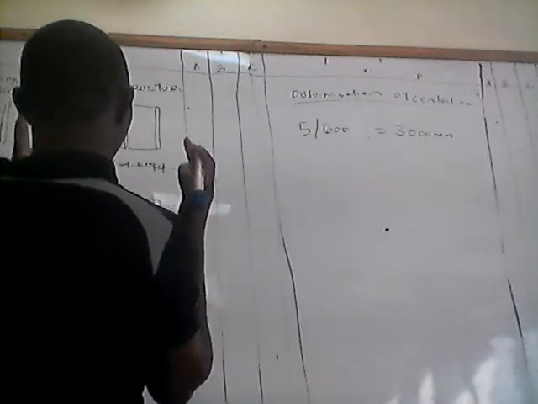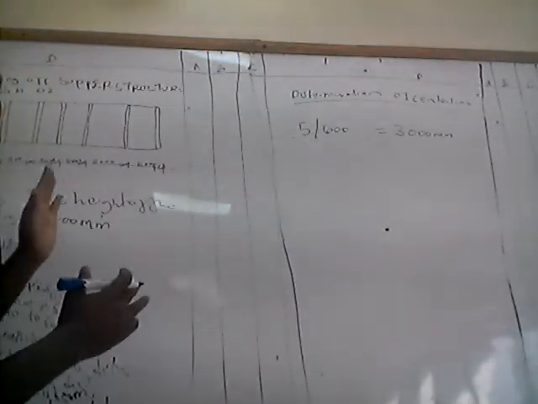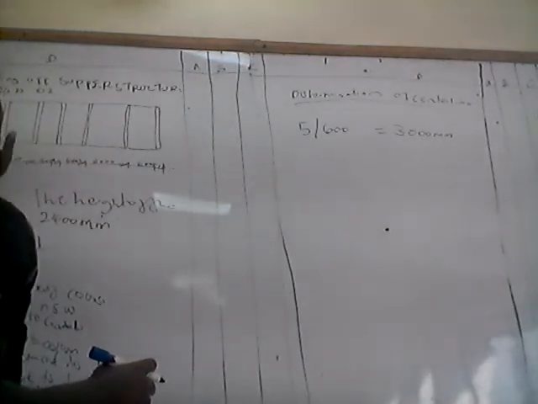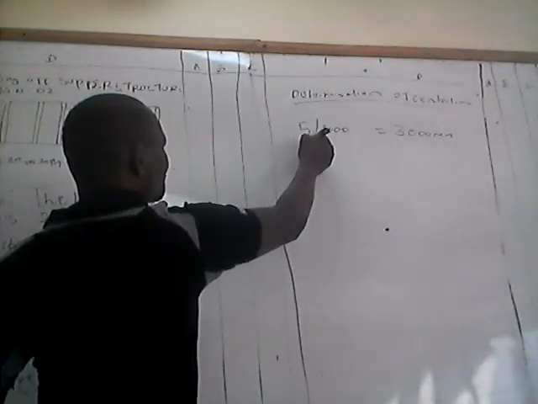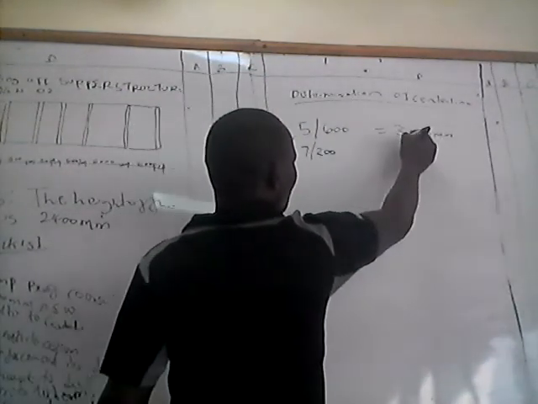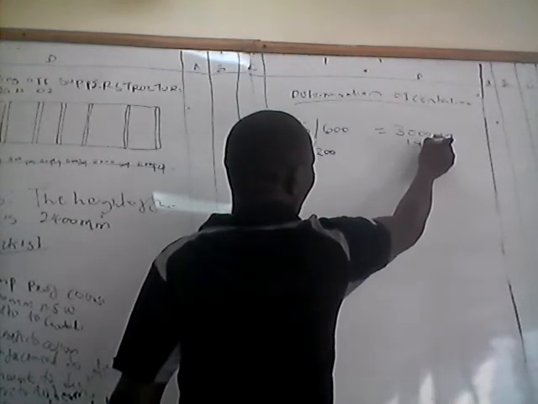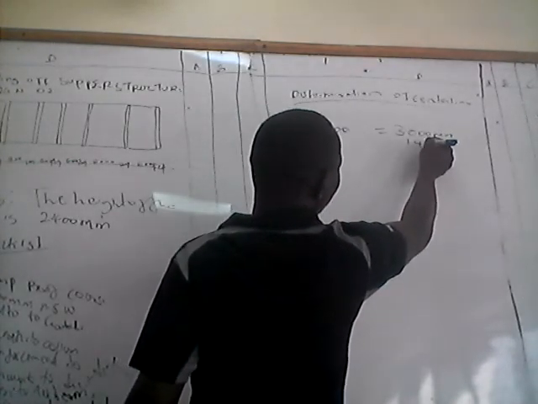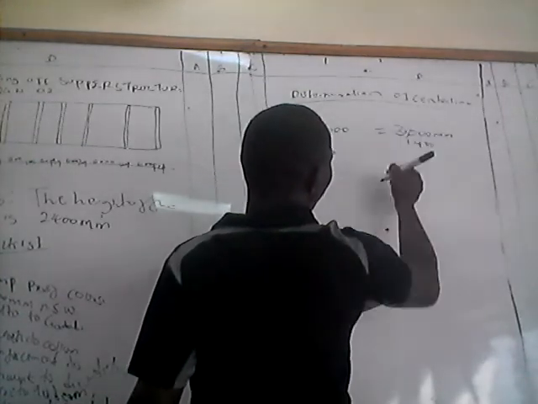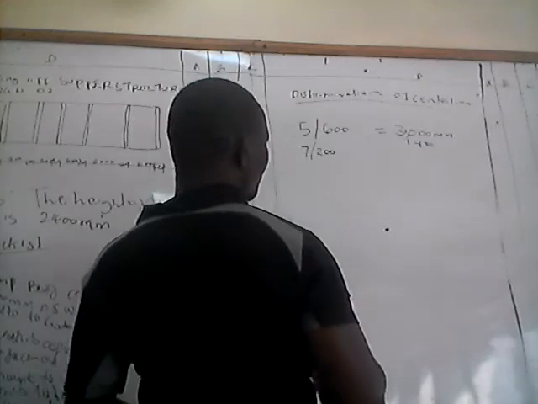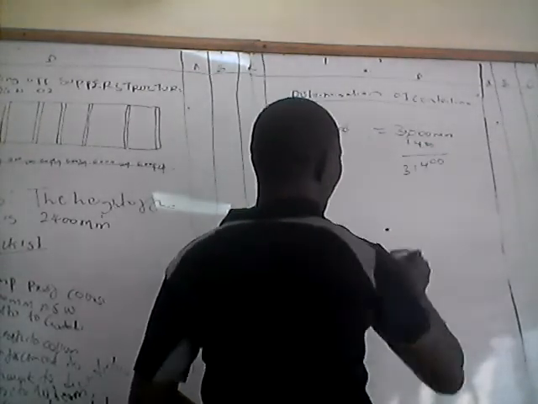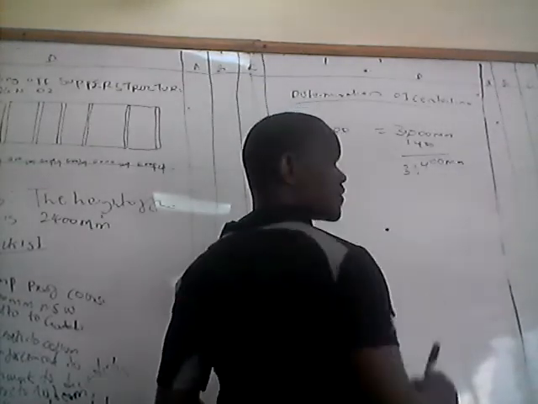Then we have walls of thickness 200, and we have 1, 2, 3, 4, 5, 6, 7. Then we'll have 7 times 200, which will give us 1400. If you add, you get 31,400 millimeters.